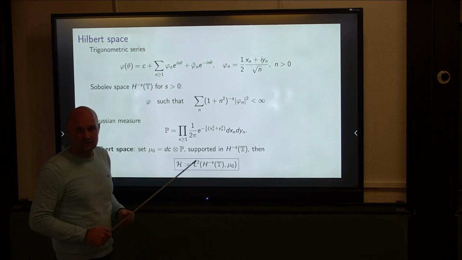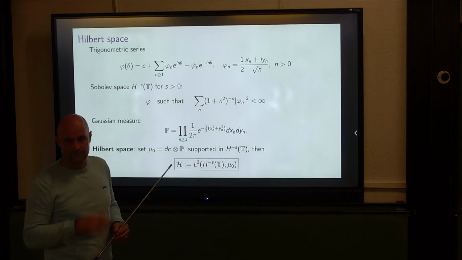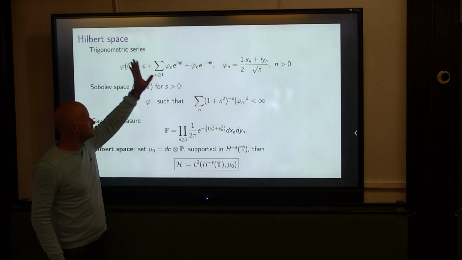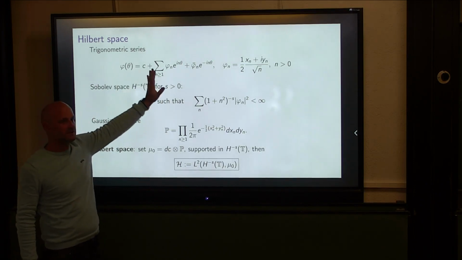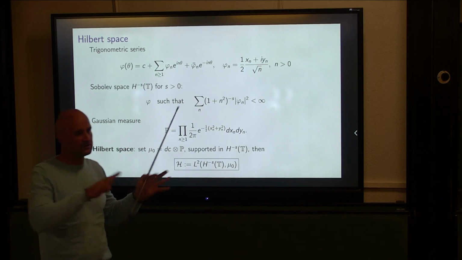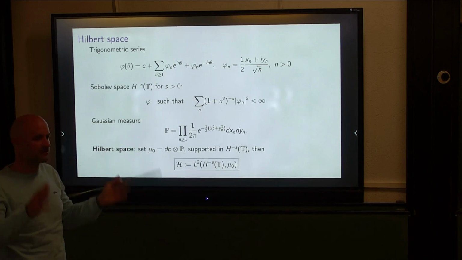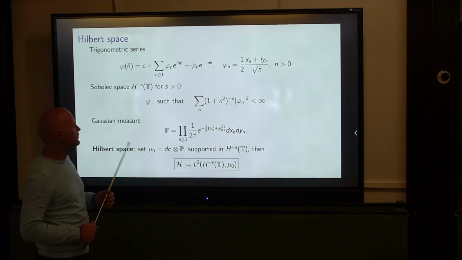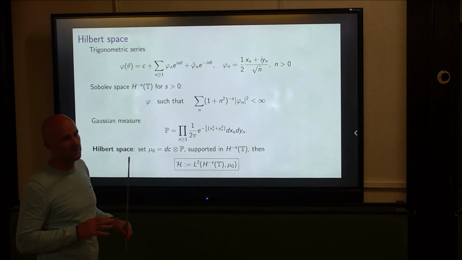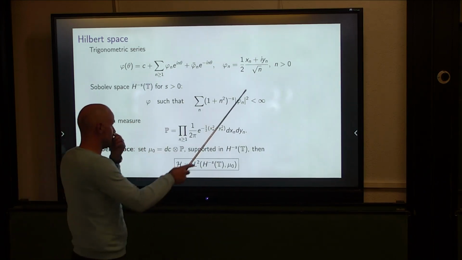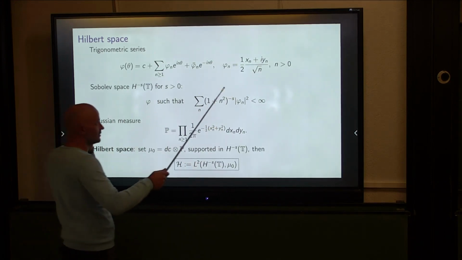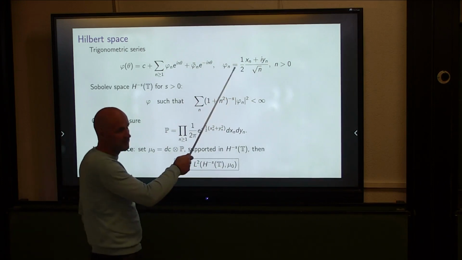Basically, you identify the negative Sobolev space with a series in phi n bar. I consider the space of all trigonometric series. That's arbitrary. Each coefficient phi n, I can parameterize the way I want. There are 10,000 ways of parameterizing the phi n, and my favorite one is this one.